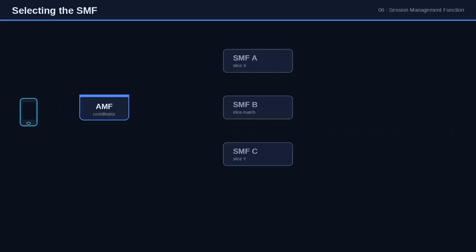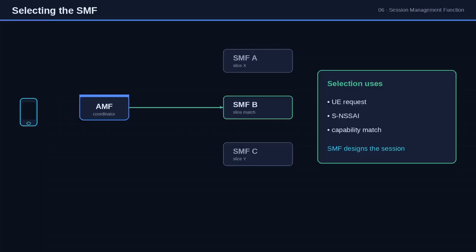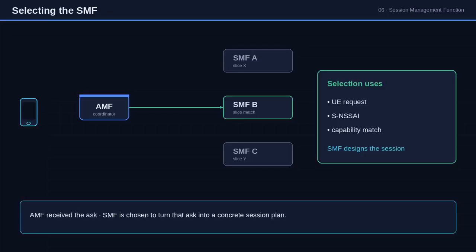Next, the AMF must discover and select an appropriate SMF, the session management function. Selection is not random. The AMF uses information from the request, including slice identity, so the chosen SMF is one that can actually serve that S-NSSAI and the associated service. This is where network function discovery starts to matter.